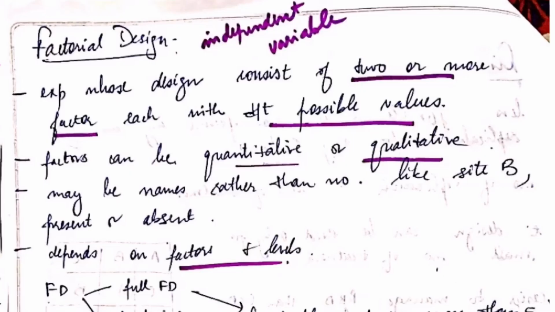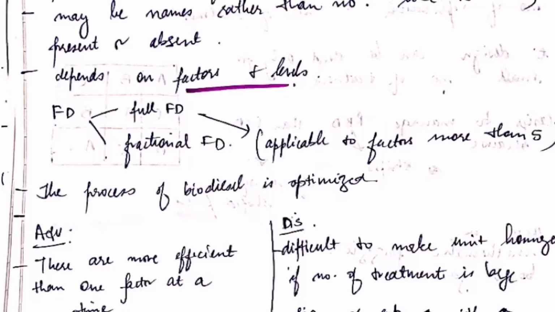The next type is factorial designs. They are experiments whose design consists of two or more factors, each with different possible values. That means they are independent variables. The factors can be quantitative as well as qualitative. They may be names rather than numbers, like site B, present or absent.